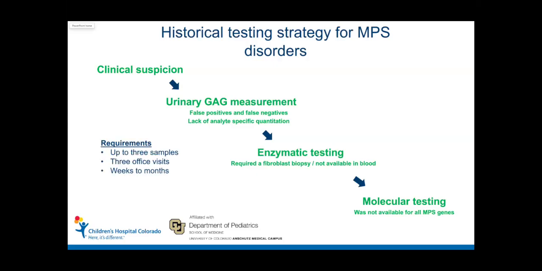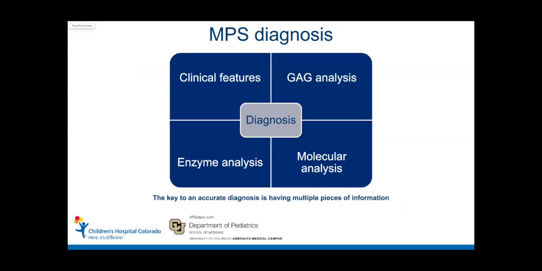So in terms of testing for an MPS disorder, it may take multiple visits, it may take multiple samples, and it may take weeks to months. Where we are now is, when we think about making an MPS diagnosis from the laboratory side, or I guess the laboratory/clinical side, it's really a puzzle that we're trying to put together. And we want all of those pieces to come together to provide the information we need to make an accurate diagnosis.